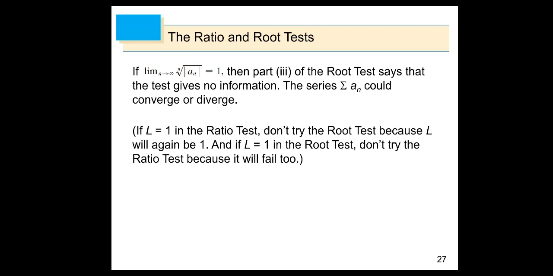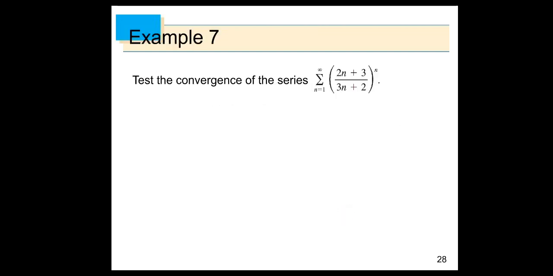A series sigma a sub n could converge or diverge. So if L is equal to 1 in the ratio test, do not try the root test, because it will not help you at all. Understand? If L is equal to 1 in the root test, do not try the ratio test, because it will fail too. Okay, so we have this root test example over here.